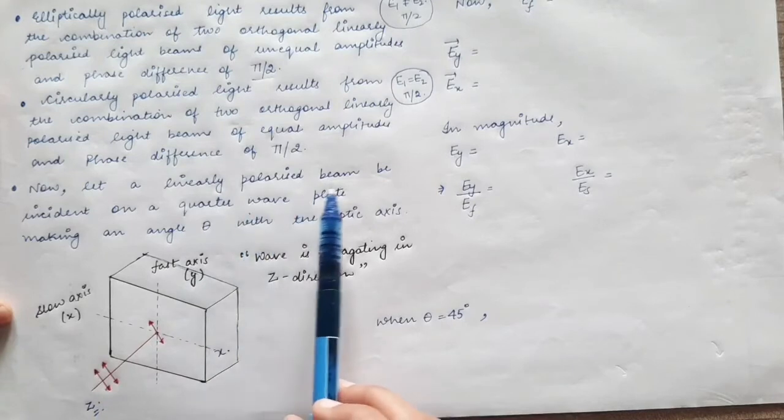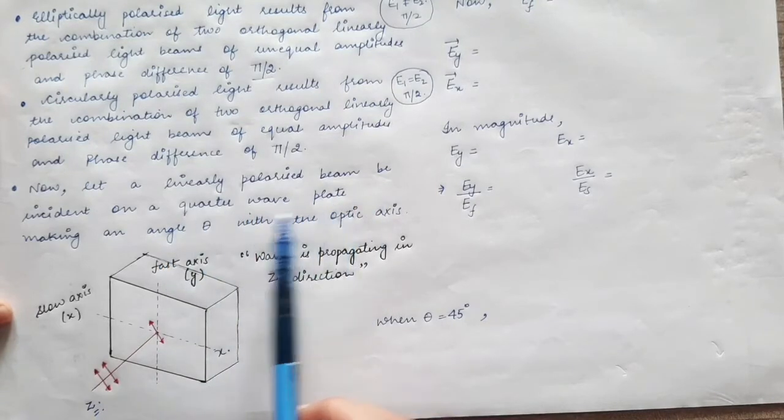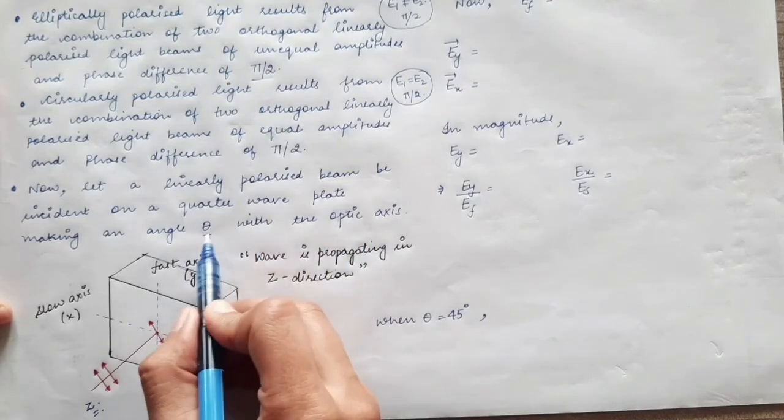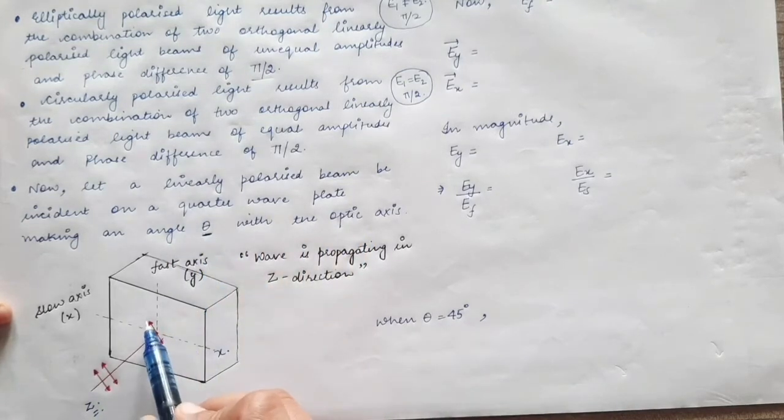Let a linearly polarized beam be incident on a quarter wave plate, making an angle of theta with the optic axis. This angle theta is made by the electric field vibrations with the fast axis, or the optic axis. Here I am taking the optic axis as the fast axis.